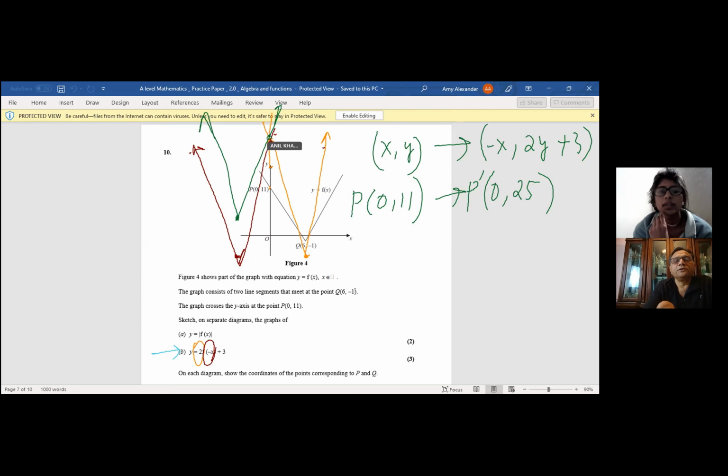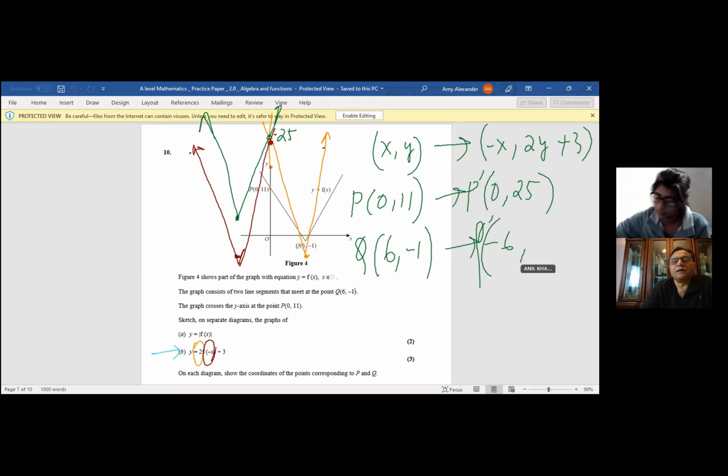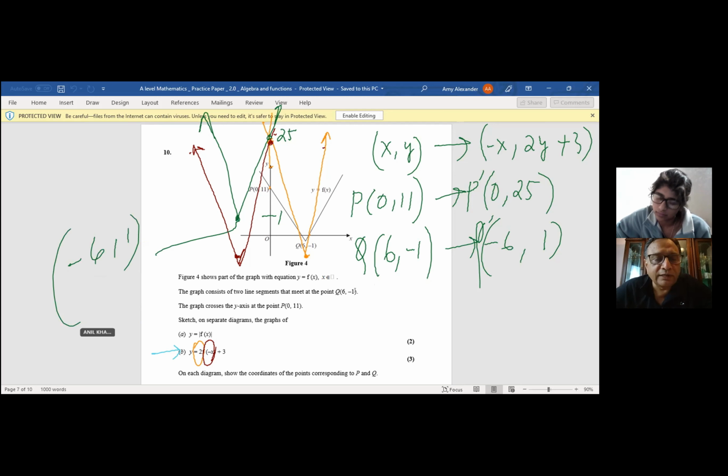Is that clear to you? And as far as the Q point is concerned, which is (6, −1), it will be Q prime (−6, 1), since −2 plus 3 gives me +1. Do you see that? So this point will be (−6, 1). That is how we are going to get this particular graph. Is this clear to you?